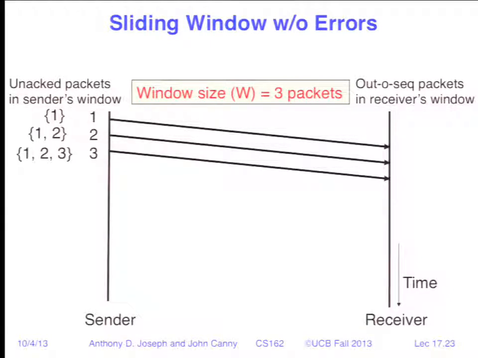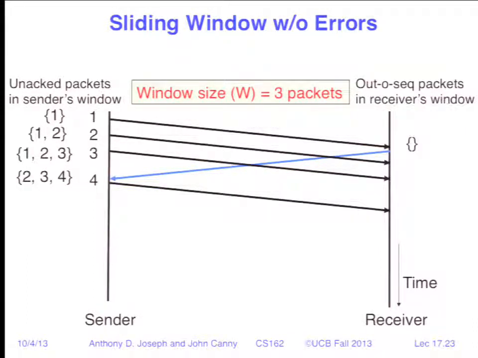Now, as these get received, what happens? So the receiver receives packet 1. What's the receiver's window now? Nothing, right? Because we received 1 in order, so we can just pass it up to the application. We send back an acknowledgement. Now, when we get the acknowledgement for 1 at the sender, what's our window now? 2, 3, 4.